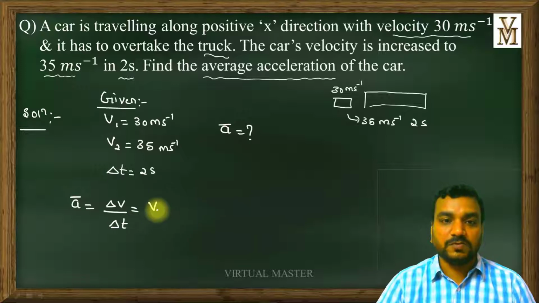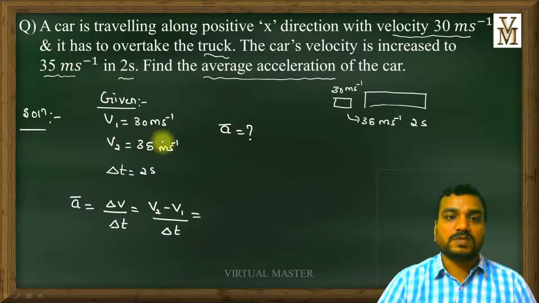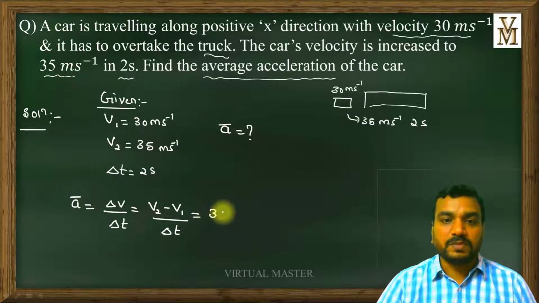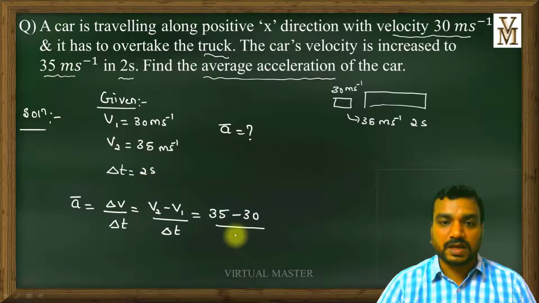It is nothing but v2 minus v1, divided by delta t. What is v2 here? 35 meter per second. And what is v1 here? 30 meter per second. And what is delta t? It is given as 2 seconds. So 35 minus 30 is 5. 5 divided by 2 is 2.5.